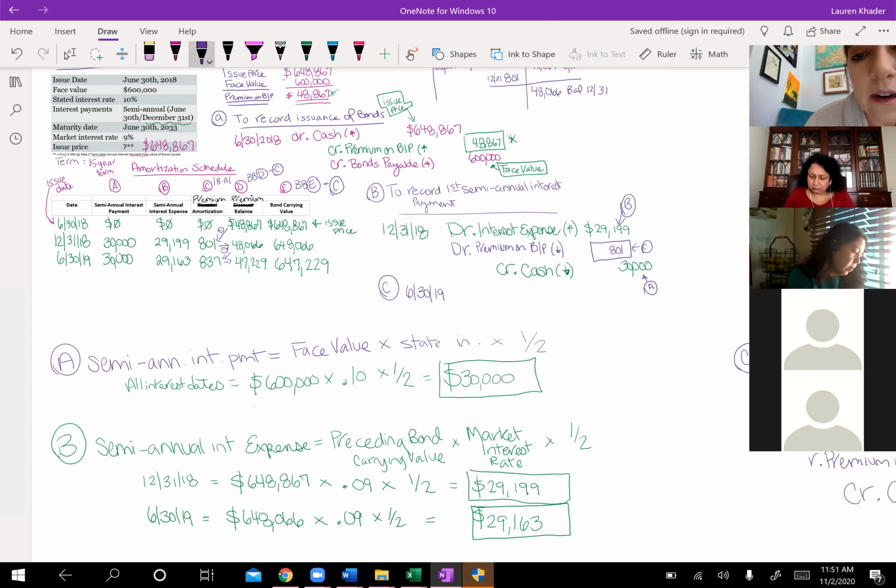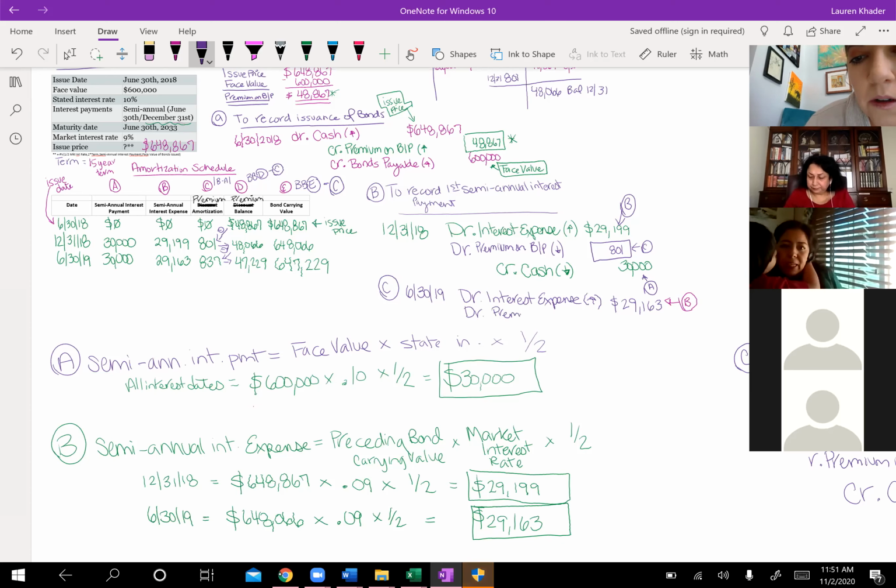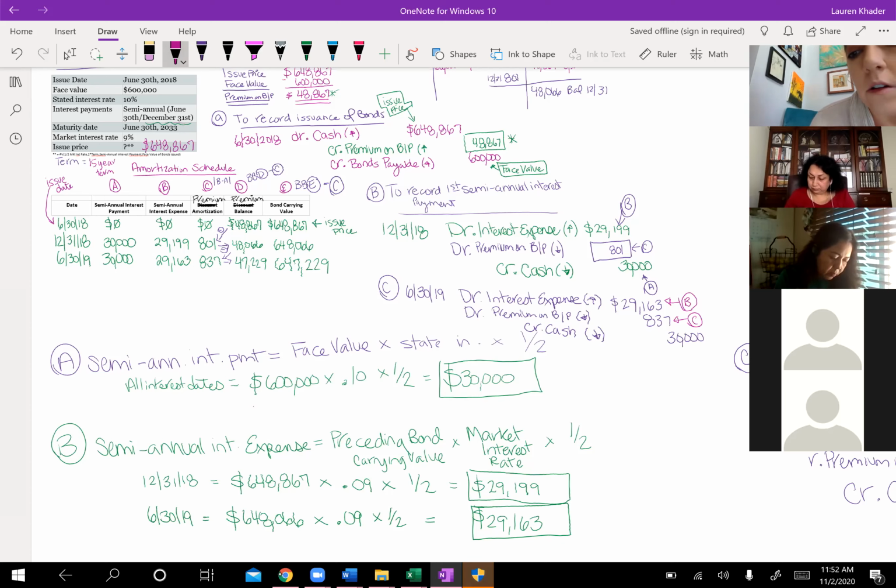So on June 30th, 2019, we're going to debit interest expense again for 29,163 from column B. We're going to debit premium on bonds payable, reducing it for 837 from column C. And then we're going to credit cash, reducing cash for 30,000, the amount of interest that we're going to pay out. Column A.